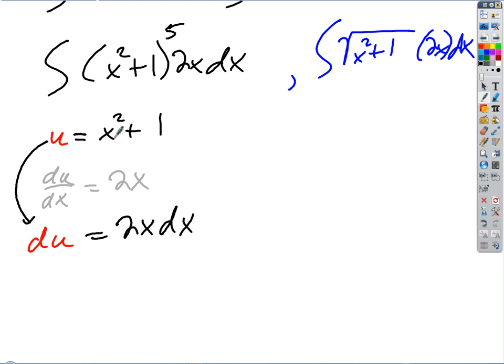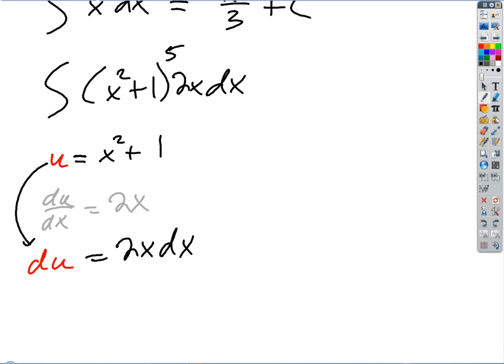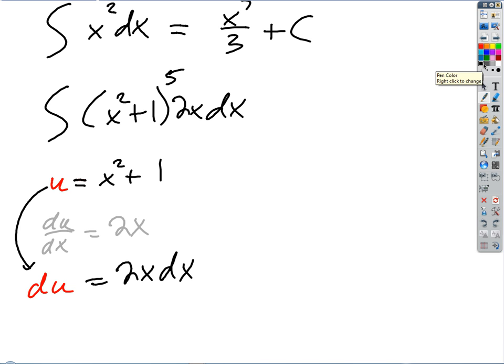Okay. Now, if we try to relate that to what we've got up here, what do we end up with? Right. In fact, let's go ahead and I'll just get rid of this guy. We'll write him back up here later too. If I go back up here and I make my substitution, what do I end up with in terms of u's?